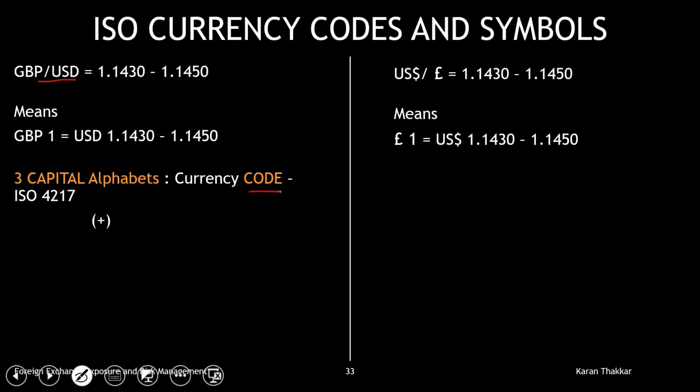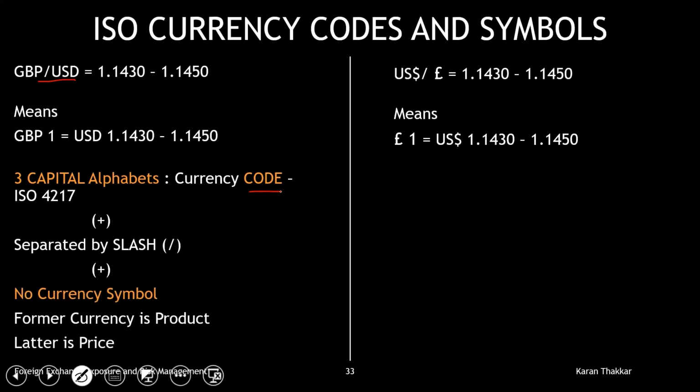That's a currency code as per ISO 4217, and the currencies are separated by a slash, and there are no symbols. That means that the former currency here, GBP, is the product, and the latter currency, USD, is the price.